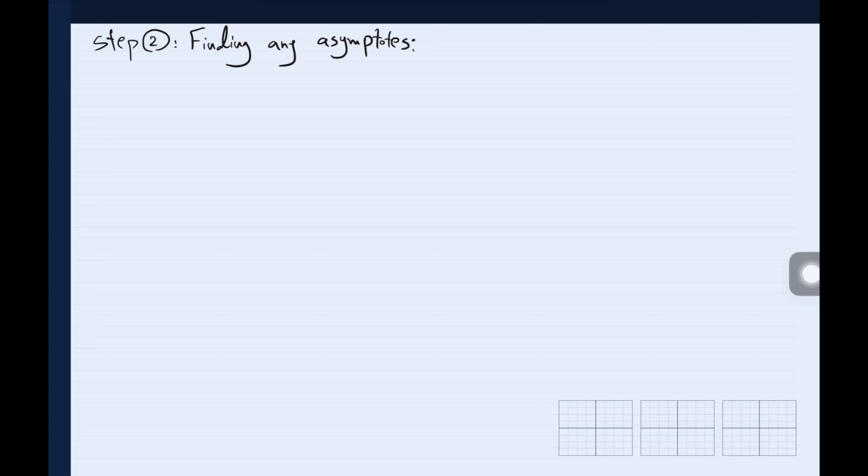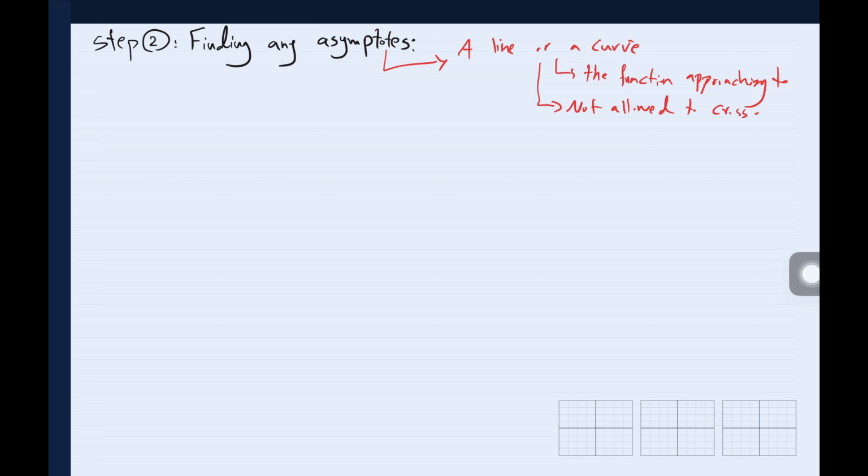An asymptote is a line or a curve which the function approaches, however, the function is not allowed to cross or touch it. I'm going to put just one star here. We're going to come back to this topic later.